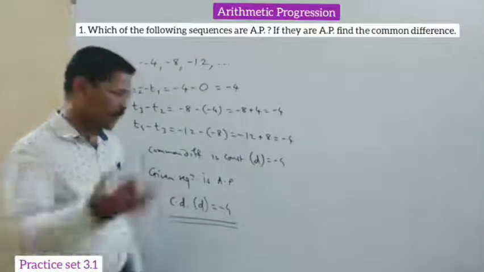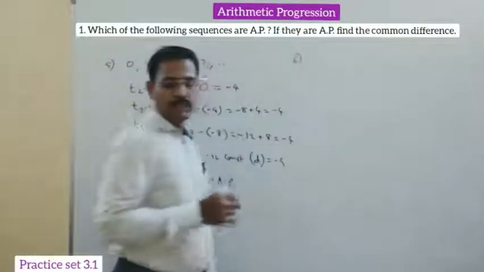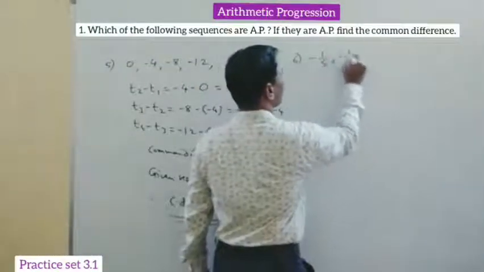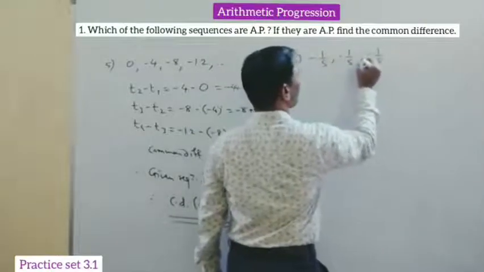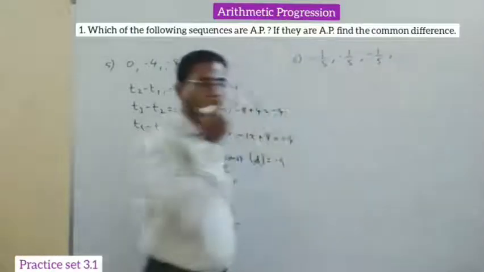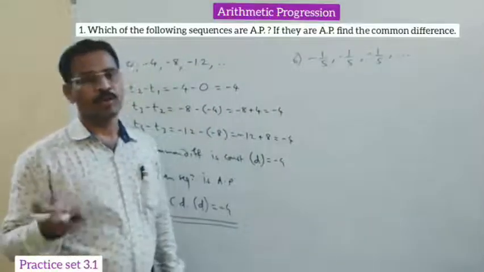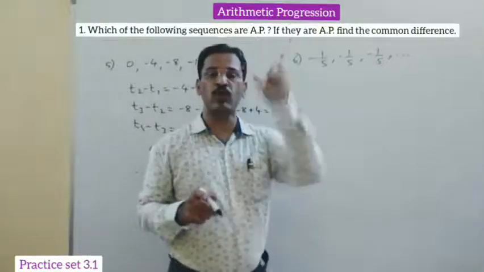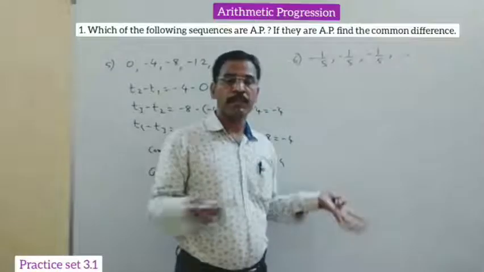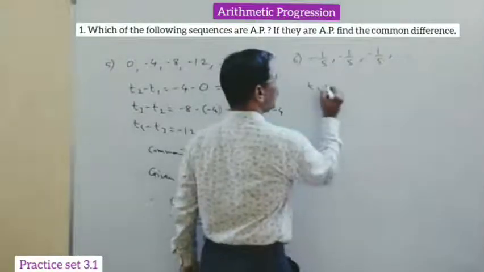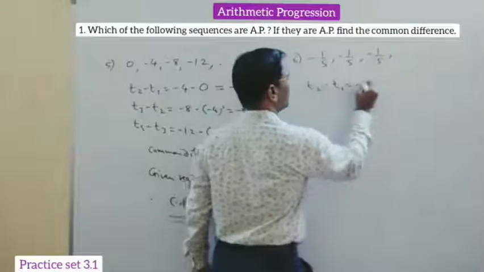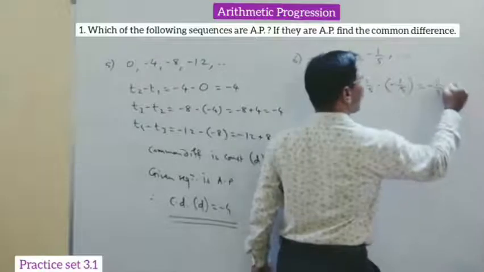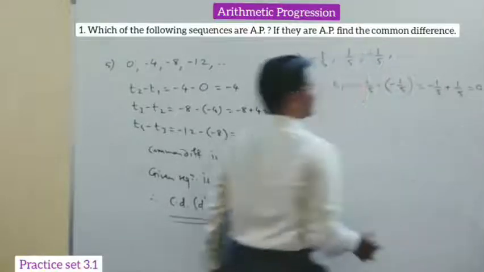Okay friends, let me take one more, that is the sixth one. What is the sixth one? Look here, minus 1 upon 5, minus 1 upon 5, minus 1 upon 5, and so on. Okay, now check whether it is AP or not. Observe here, all terms are same, then the common difference is 0 always. So it is AP always, but try to solve now. See this one, T2 minus T1, what will come here? Minus 1 upon 5 minus, minus 1 upon 5, that is minus 1 upon 5 plus 1 upon 5. This is 0.